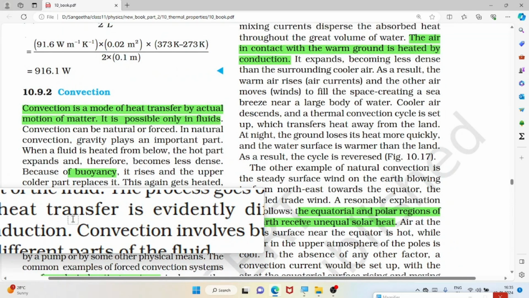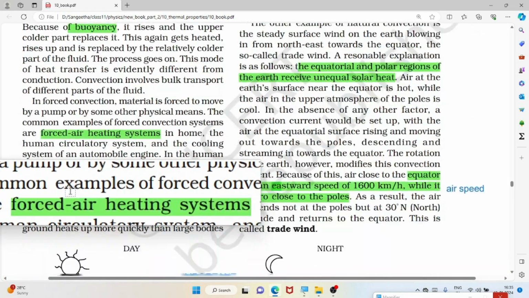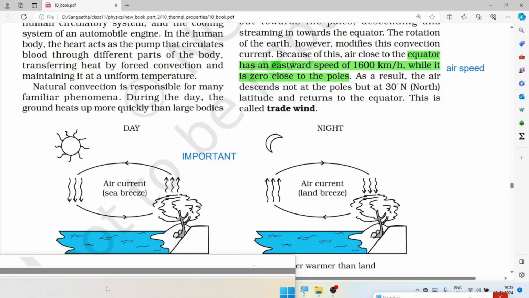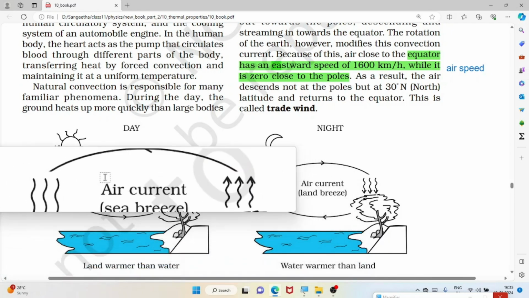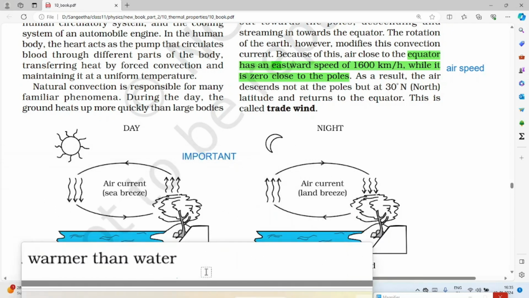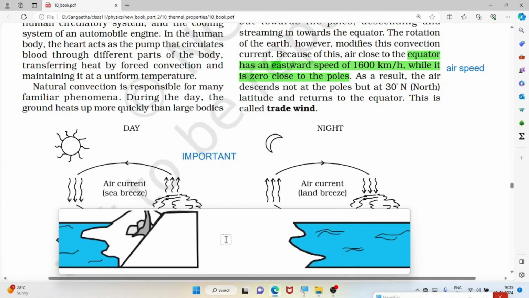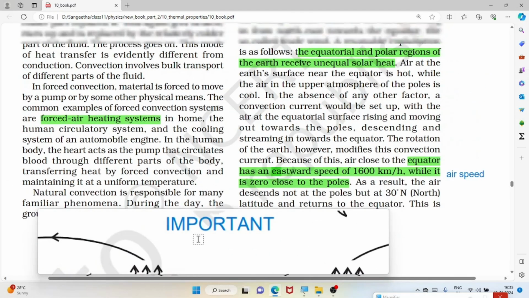Convection is the mode of heat transfer by actual motion of matter, possible only in fluids. See here, during the daytime the air flows from land to the sea, but at night from sea to land. That is important.